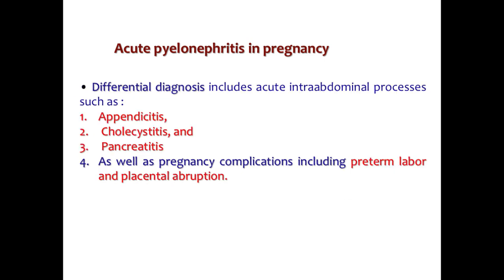This differential diagnosis includes acute intra-abdominal processes, mainly infectious ones like appendicitis, cholecystitis, and pancreatitis. Sometimes pregnancy complications like preterm labor, placental abruption or intrauterine infection give the same picture. So the diagnosis is important to start the treatment.